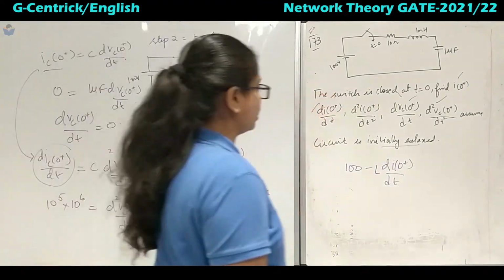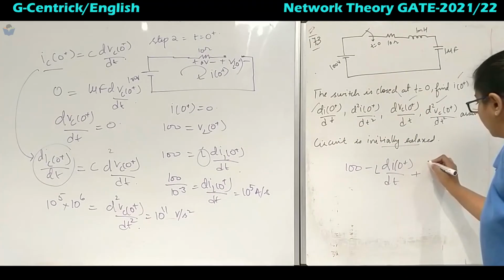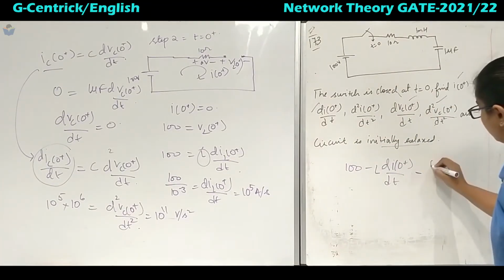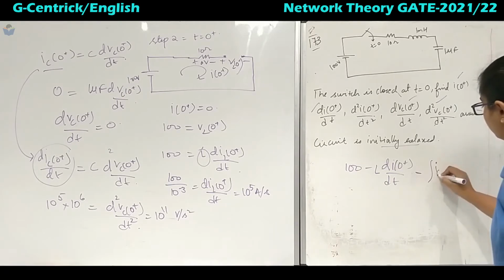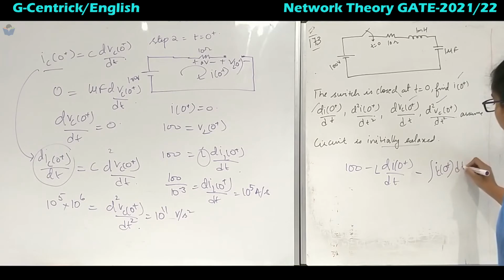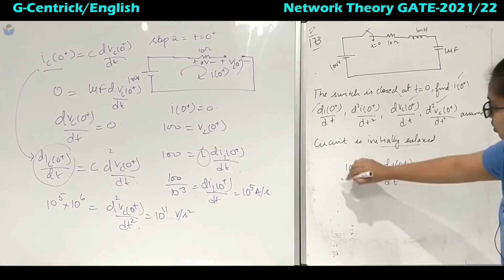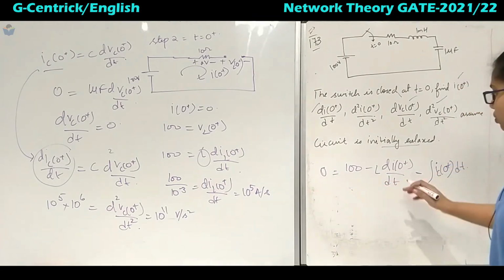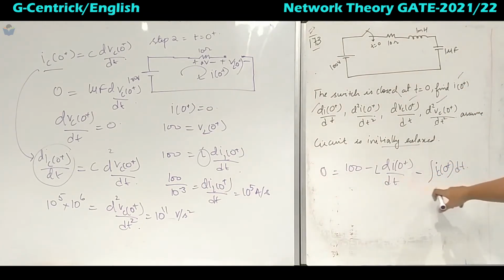But for the capacitor, what can we write? This will be minus the integration of IC of 0 plus dt, and this will be equal to 0. We have got the IC of 0 plus value also, so we can differentiate it again.